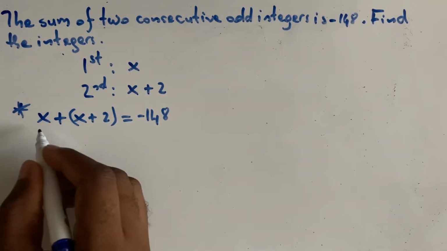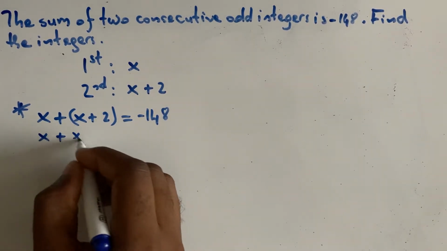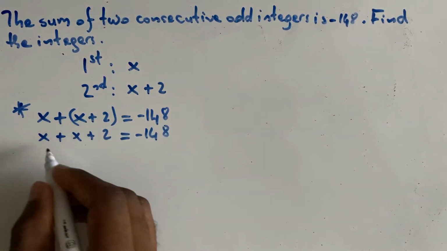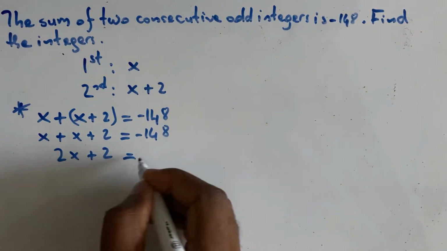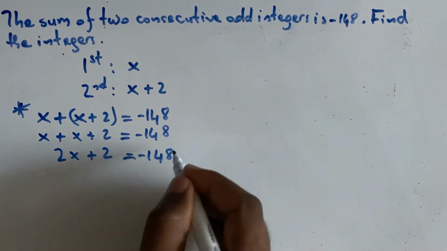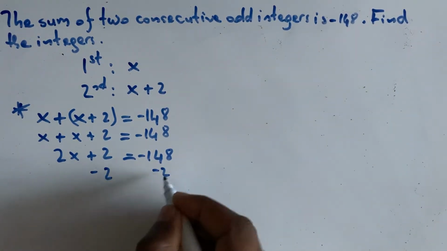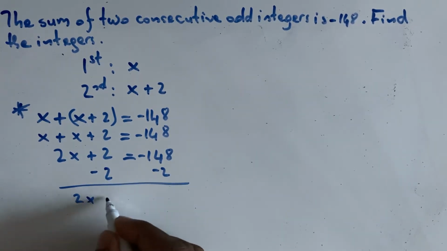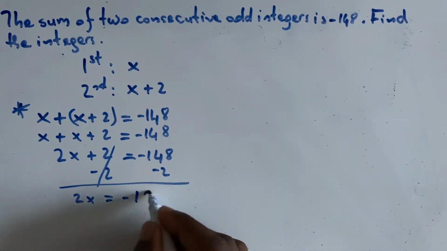So all I have to do is solve for x. So that's x plus x plus 2 equals negative 148. I have to add like terms, so 2x plus 2 equals negative 148. Then I subtract 2 from both sides. Then I'll have 2x, the 2s cancel here, 2x equals negative 150.